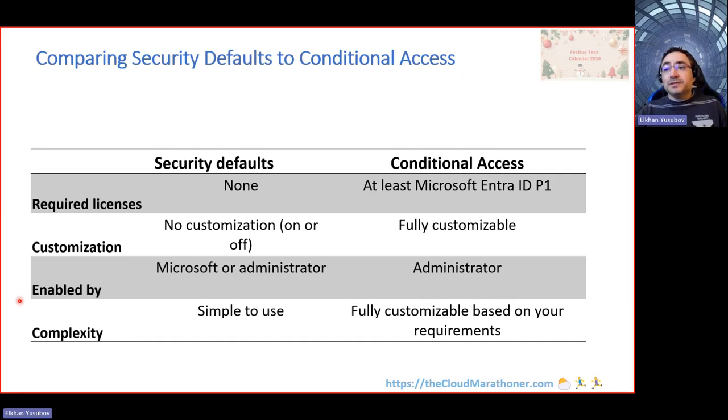And while you are looking at this comparison, I want to mention that one of the very critical recommendations from Microsoft is to make sure that you have two cloud-only emergency accounts created, which have a permanently assigned global administrator role.